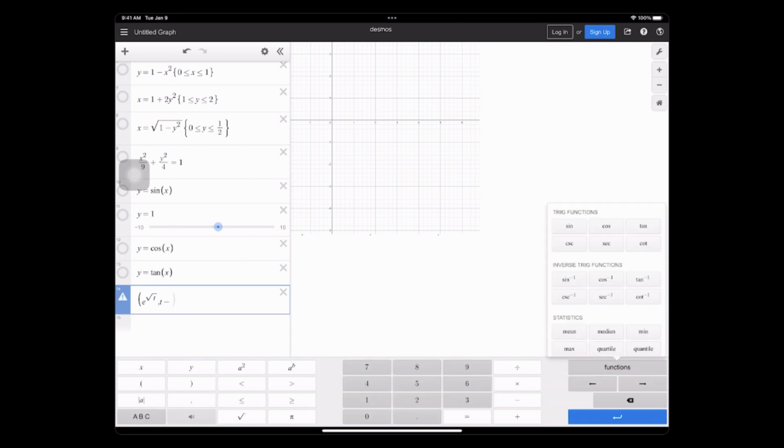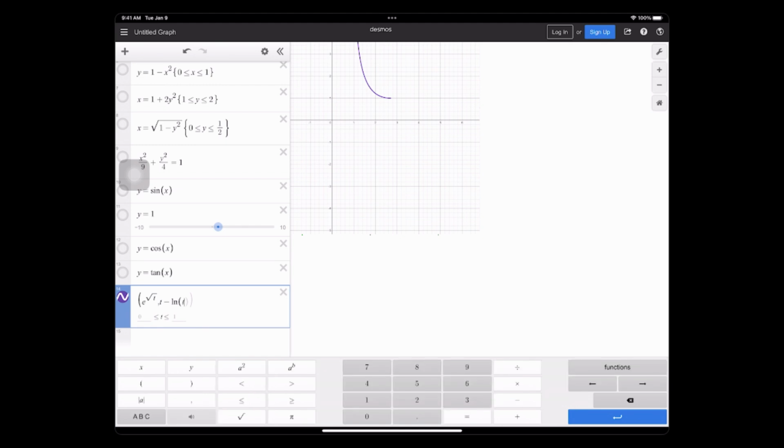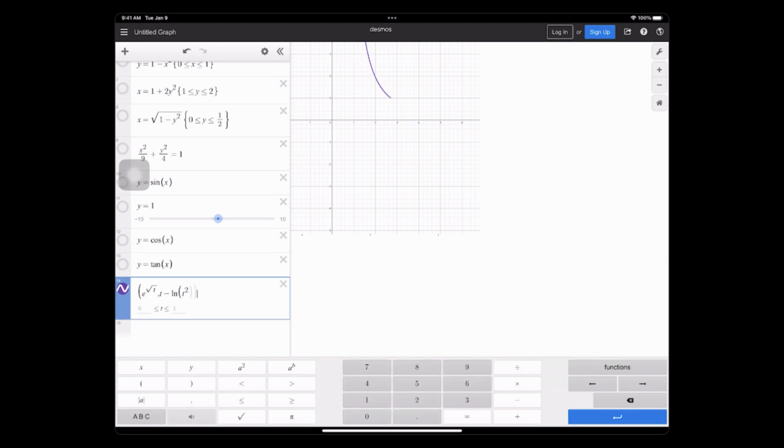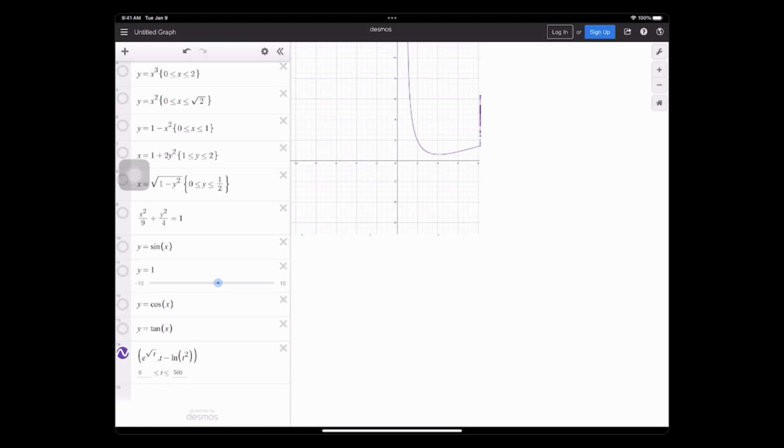Minus. I'm going to look for the natural log function. Natural log of what? T squared. Now t can't be 0. Something's odd there, but whatever. Let's say 500. Oh, that's kind of weird. What just happened there?